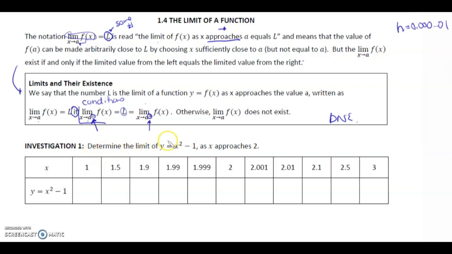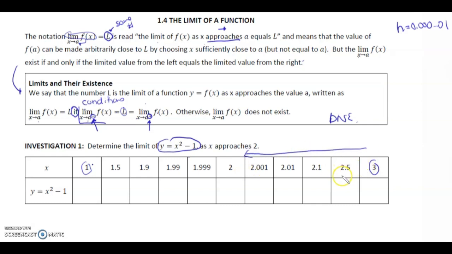Determine the limit of the function y equals x squared minus 1 as x approaches 2. We want to take values that are close to 2. We start at 1, one unit on the left, and 3, one unit on the right, and then get closer and closer to 2.